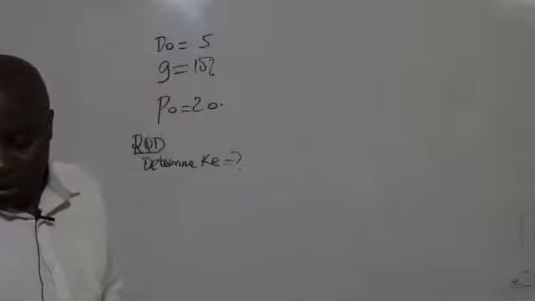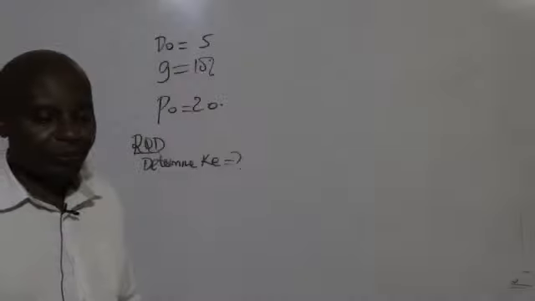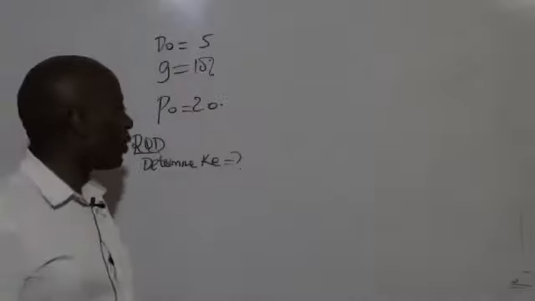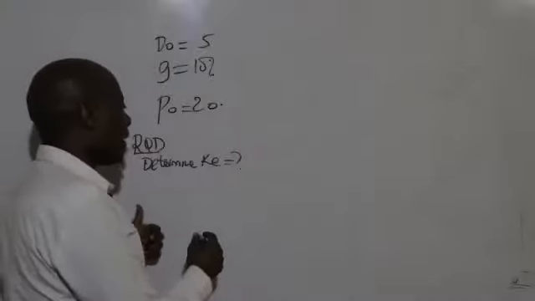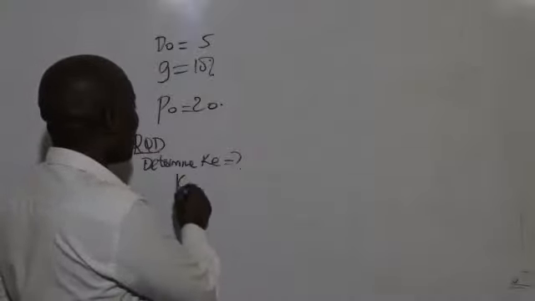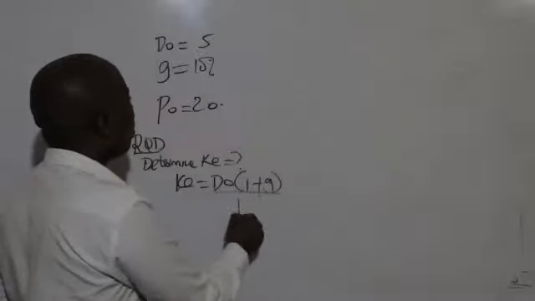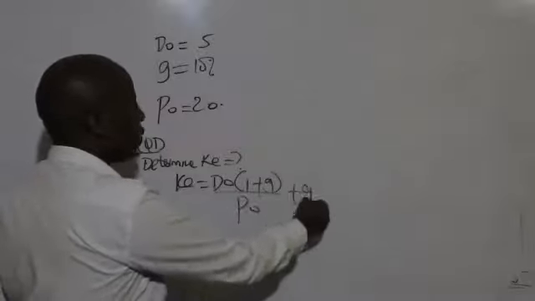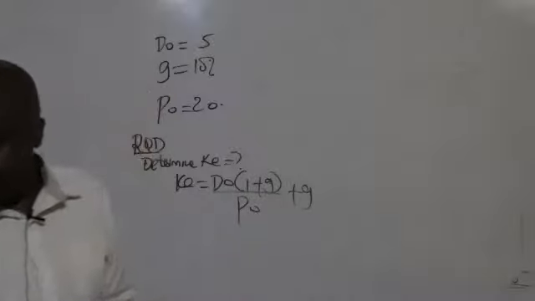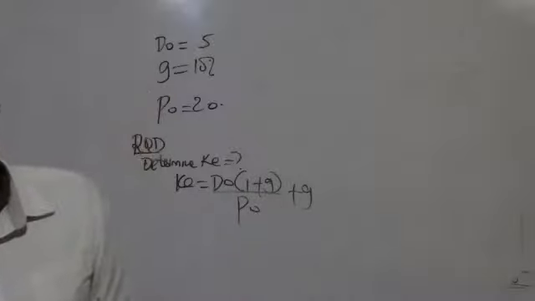How do we get cost of equity? So cost of equity here will be quite an easy thing to get. To get cost of equity, I'll take D0 into 1 plus g all over P0, plus g.